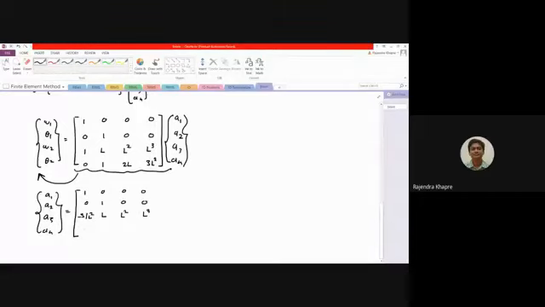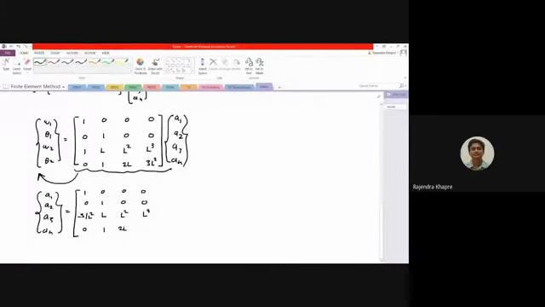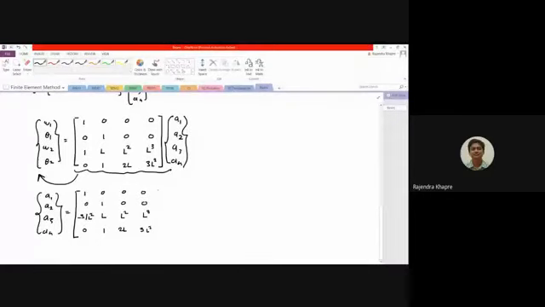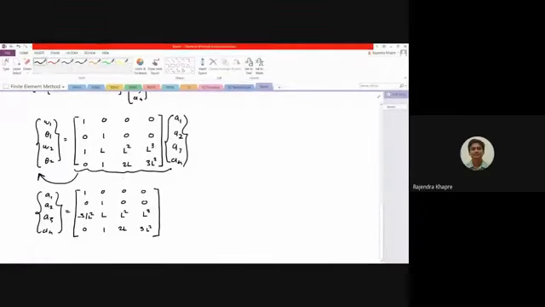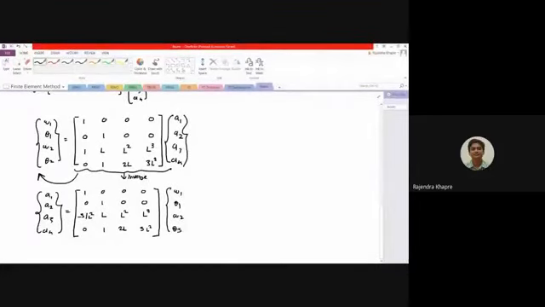The last row will consist of 0, then 1, then 2L, and here we have 3L square. So this is the inverse of the original matrix, and this can be multiplied with the simple expression w1, theta 1, w2, and theta 2.